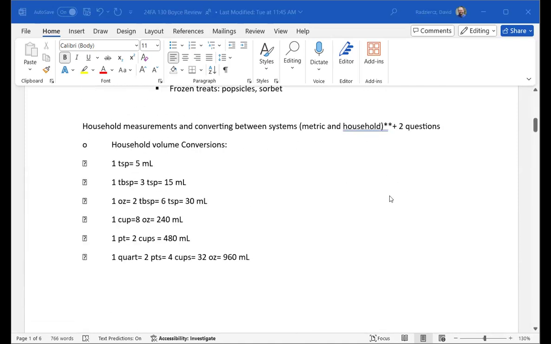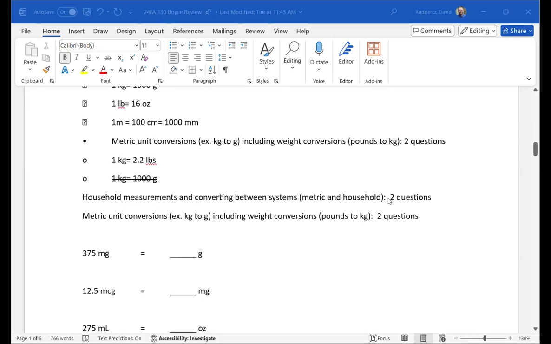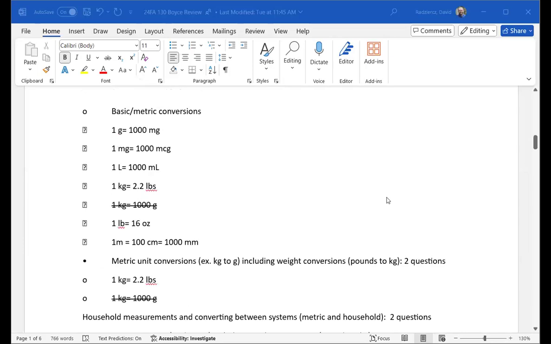Remember, you got to know your conversions, so that hasn't changed. You still got to know your conversions. I crossed out a few things on here just because I don't think it's necessary that you have that memorized. But it's there.